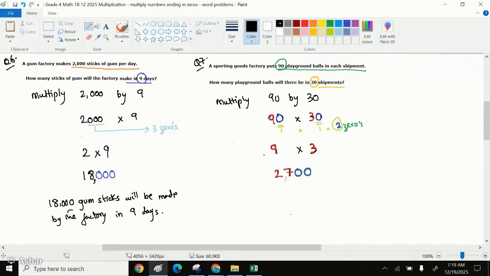Okay, so we can say there will be 2,700 balls in 30 shipments. Okay, it's okay, not a problem. I understand you gave the correct answer previously.